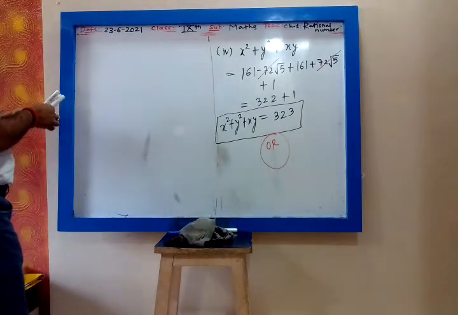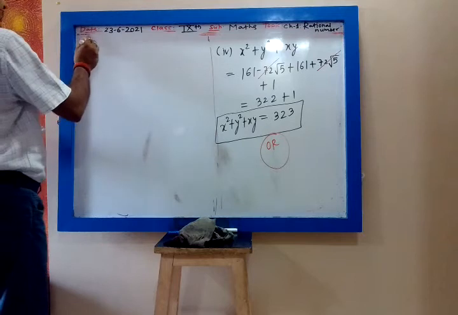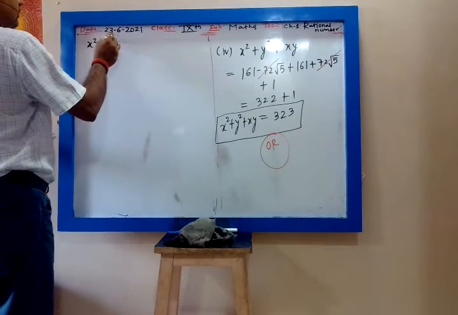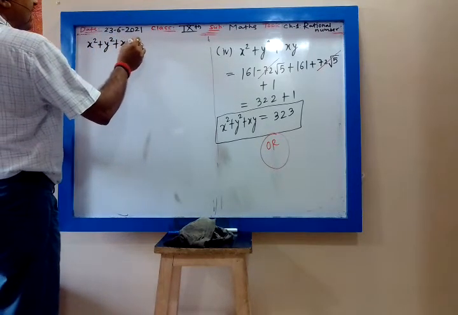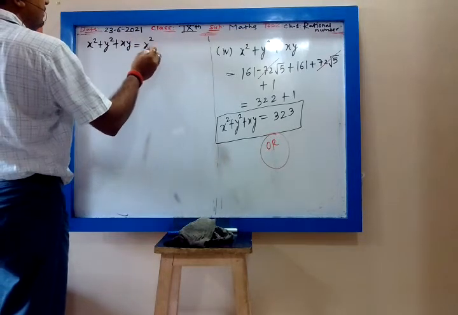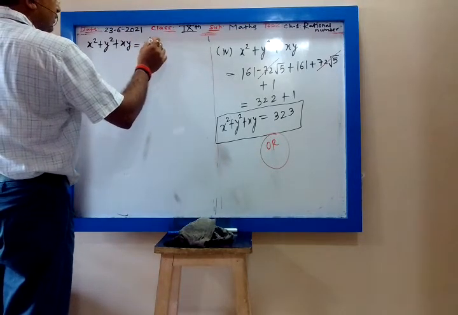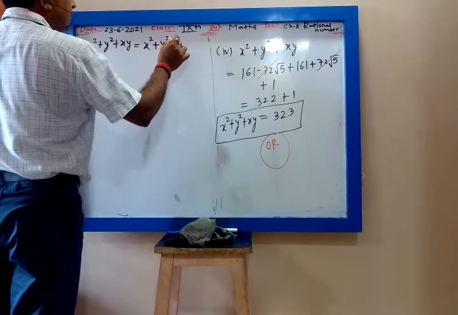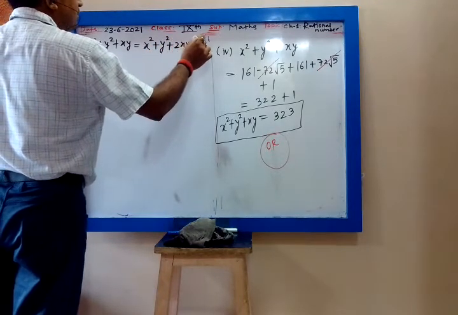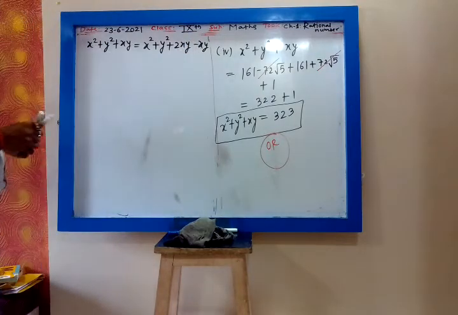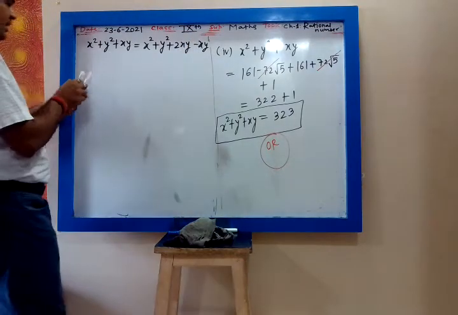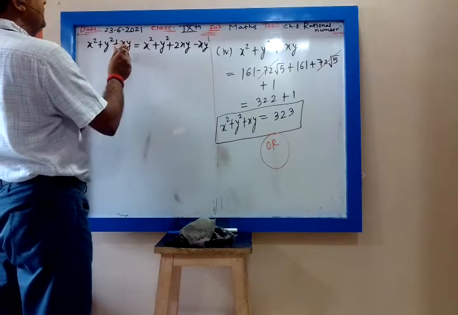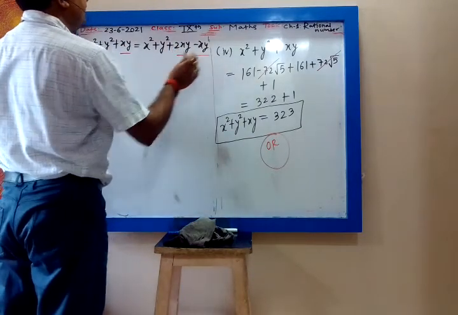Now x square plus y square plus xy, I can write as x square plus y square plus 2xy minus xy, yes or no? You just confirm it. xy can be written as 2xy minus xy.